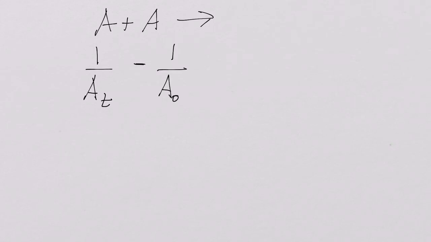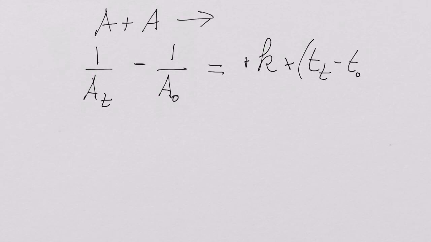And in this case, the equation to solve this for this A plus A is 1 over A at time t minus 1 over A0 equals positive k, that's just a quirk of the maths, times t, well, t minus t0.